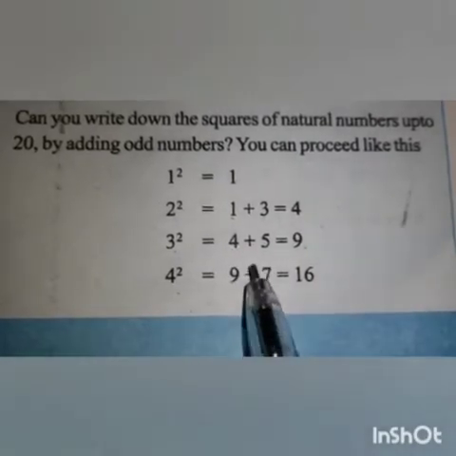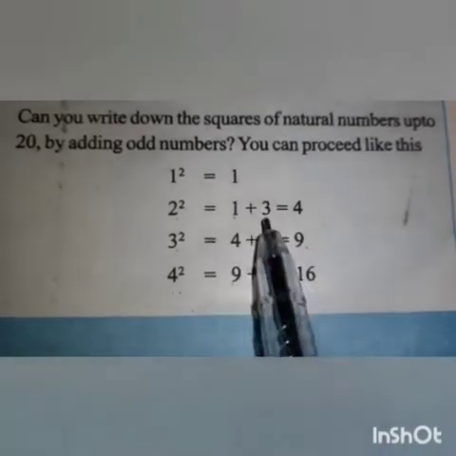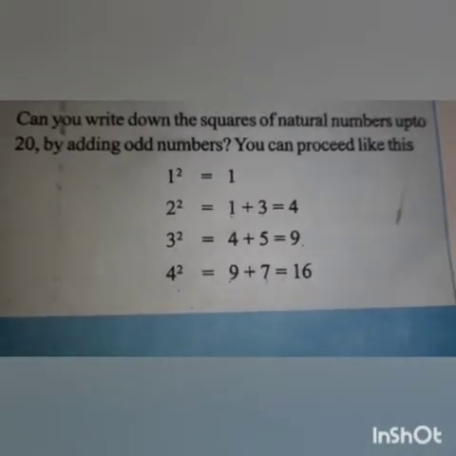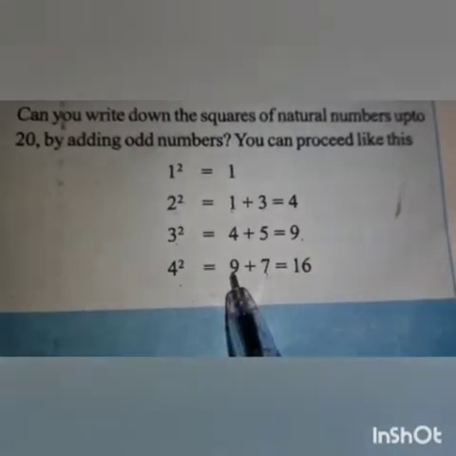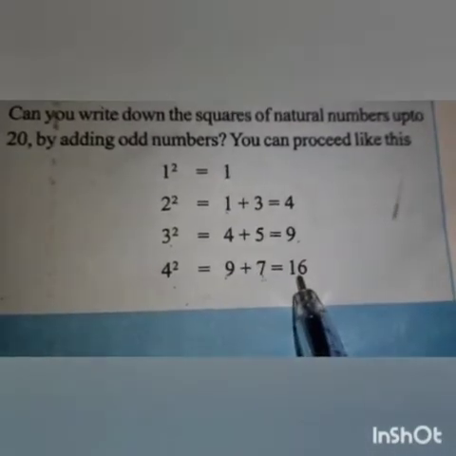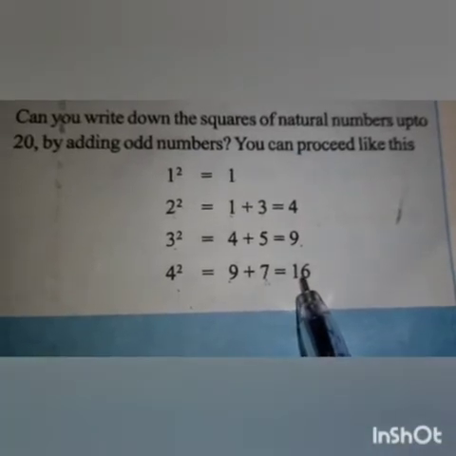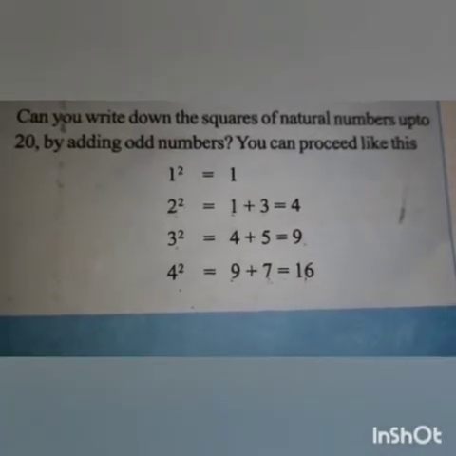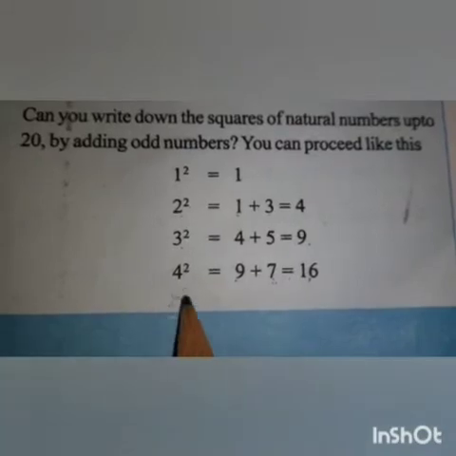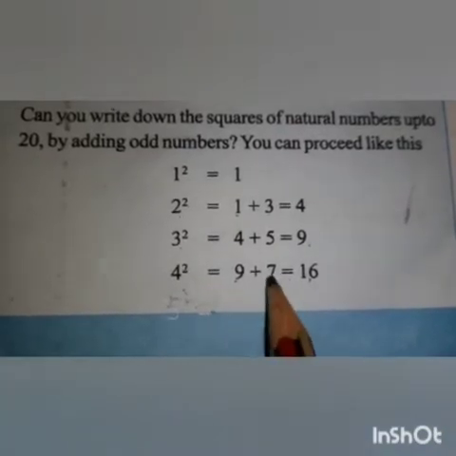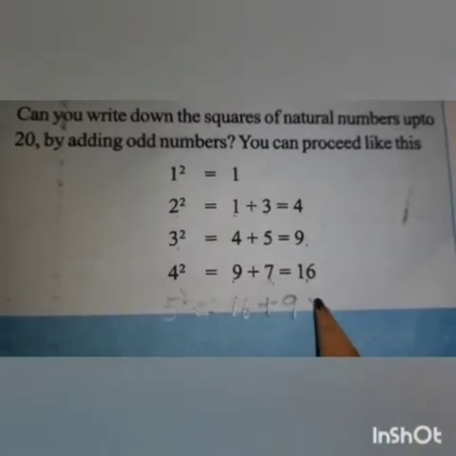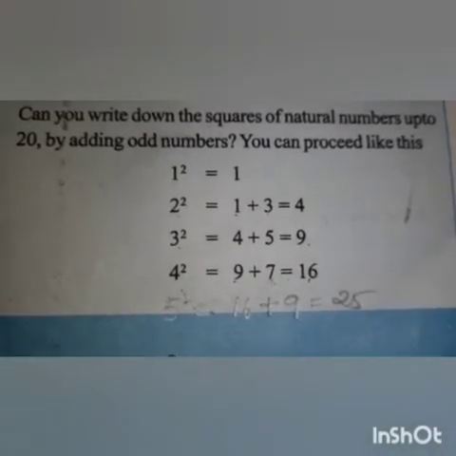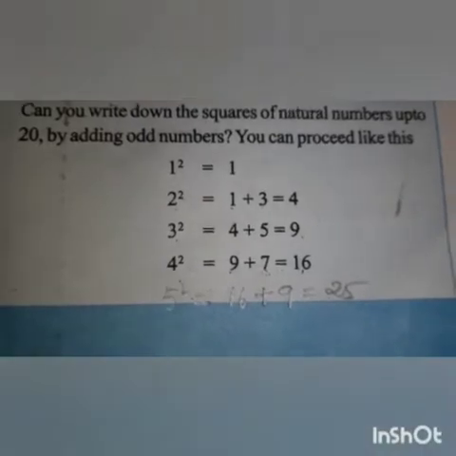Then 9 plus next odd number 7, it is 16, which is the next pattern. 5 square is equal to 16 plus next odd number 9. So you are getting 25. 5 square is 25.